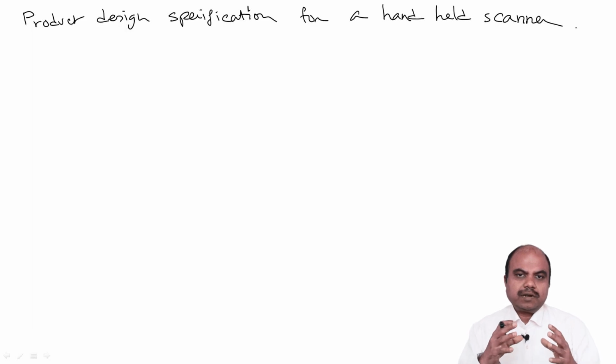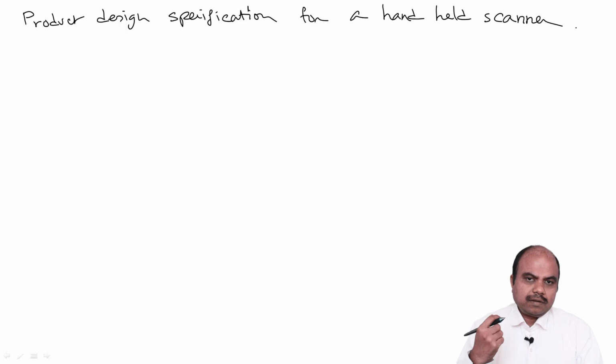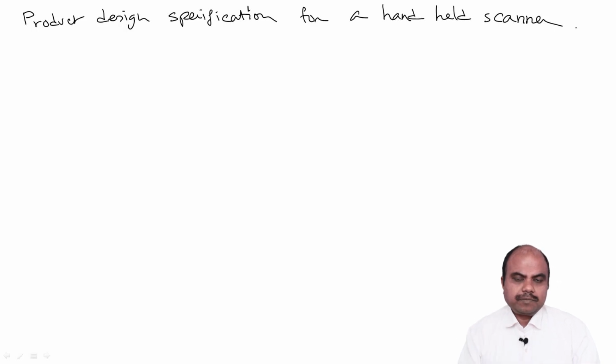There will be a small product or a larger product, and the scanner will be taken around the product, and this product will be scanned. After scanning, the data of this product will be fetched into a computer. It could be a point cloud or it could be a surface, and from there we can make the CAD model and modify it.